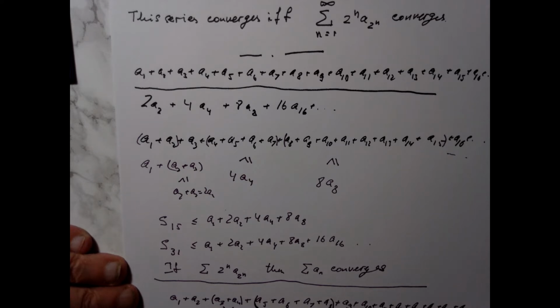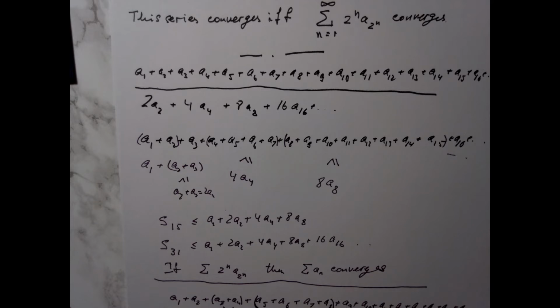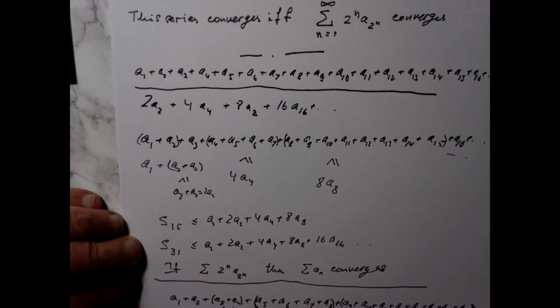So this time I'm including the endpoints. This is greater or equal than 4A sub 8. Well, A sub 8 is the least number of this 4, so it's greater or equal than 4A4. And finally I'm going to go this way, and this will be greater or equal than 8A sub 16.